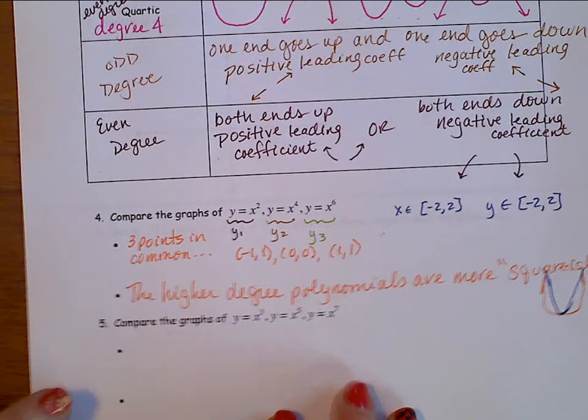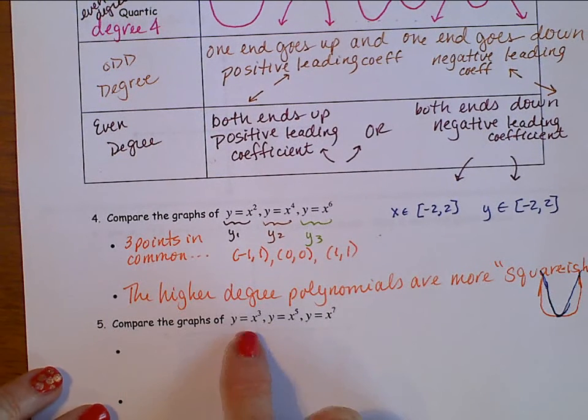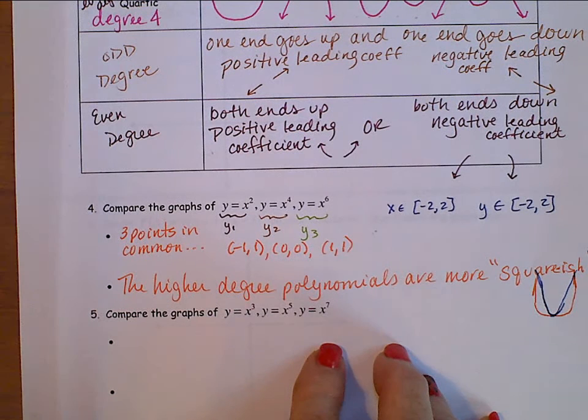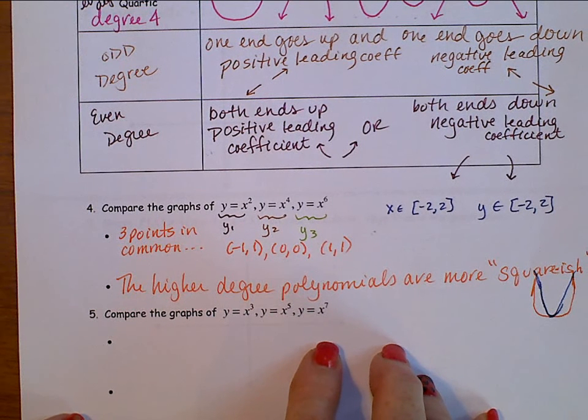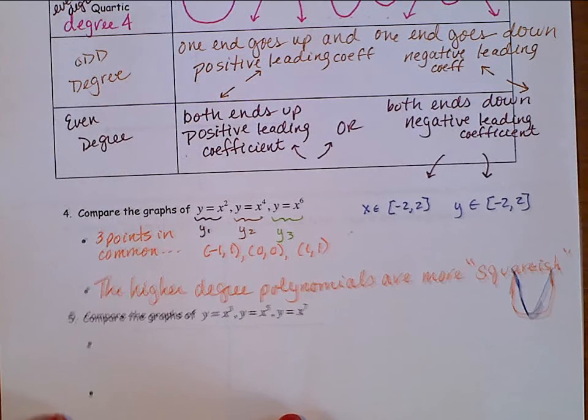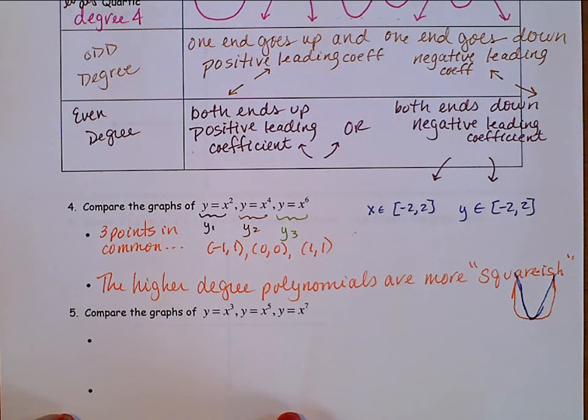Compare these three graphs: y equals x cubed, y equals x to the 5th, and y equals x to the 7th. Again, please pause the video and go ahead and change your graph. Same window that we had before. Pause this video, go ahead, graph them up in your calculator.